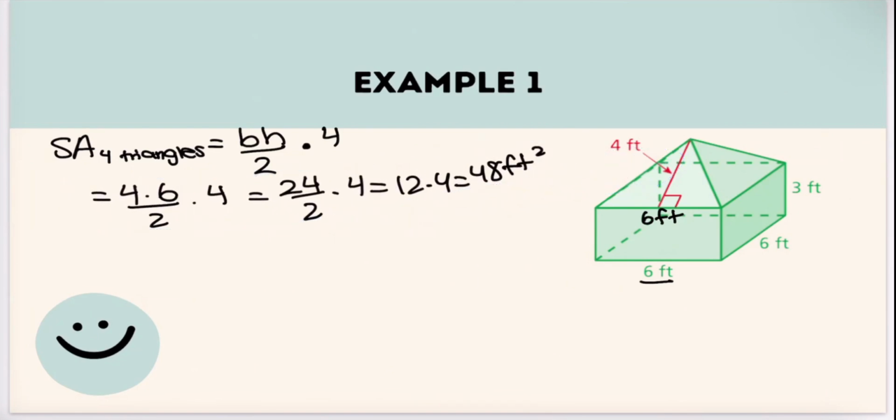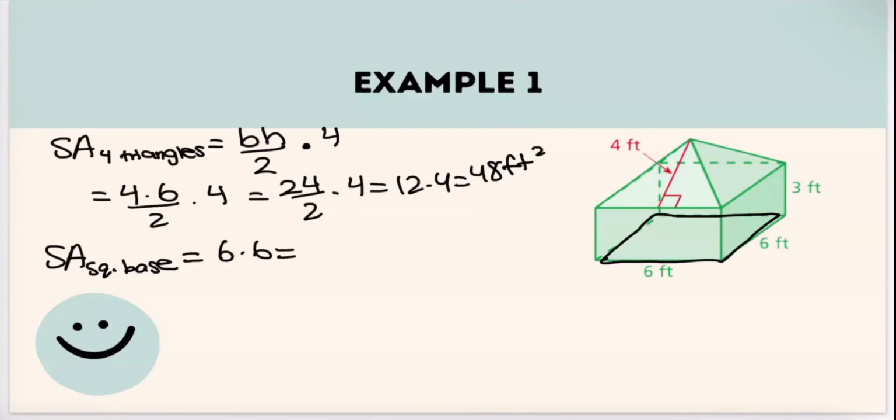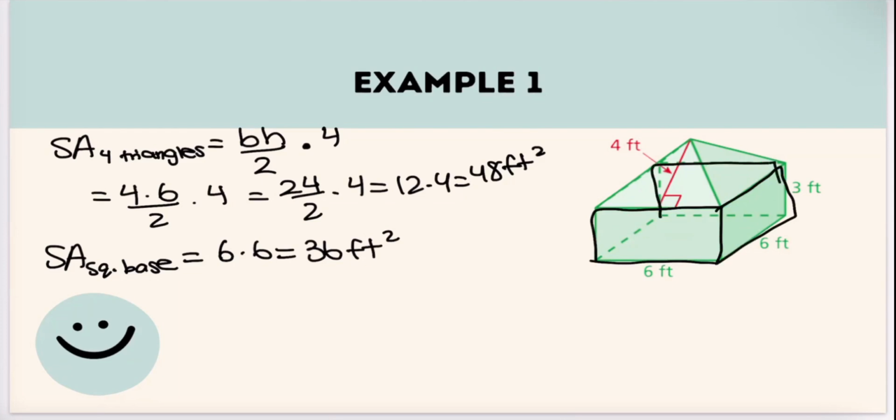Okay, now I'm going to do the base on the very bottom here. This is a 6 by 6, so the surface area for the square base is going to be equal to 6 times 6, which is 36, so 36 square feet for that one. And then last but not least, I'm going to do the surface area for all 4 of these rectangles all around it. 1, 2, 3, and 4.